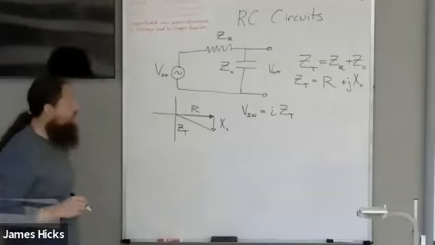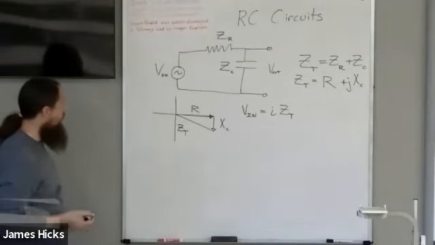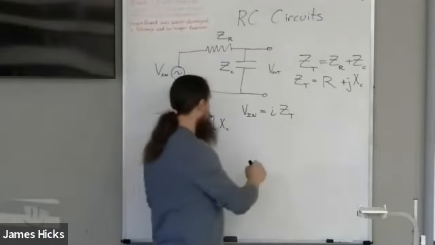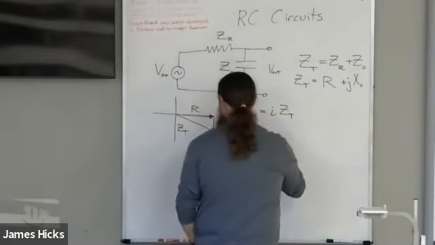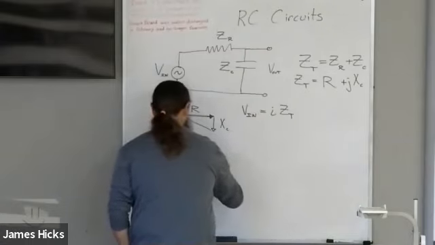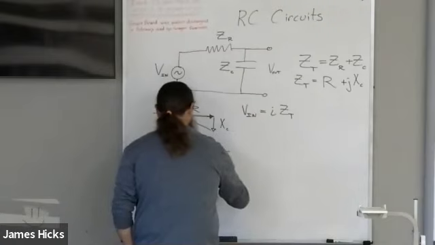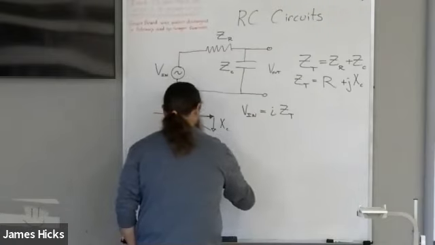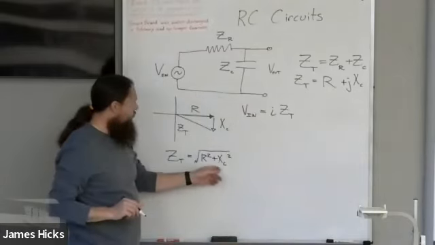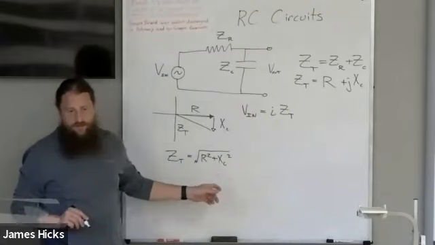Just graphically in that picture, you can figure out what this total impedance is. It's going to be the square root of R squared plus XC squared.